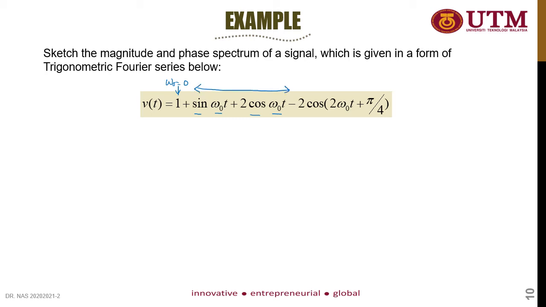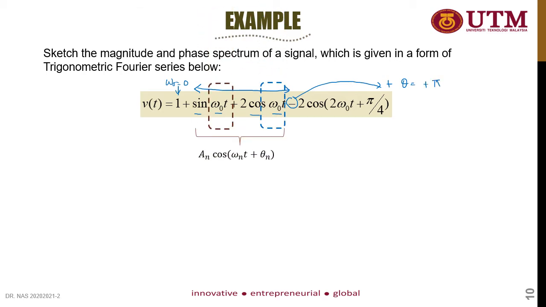So you need to rewrite this equation by using the equivalent function. The third component here, you have negative cos. So you can convert this negative into positive by having the phase shift of positive pi. Okay, so this is the equivalent function.